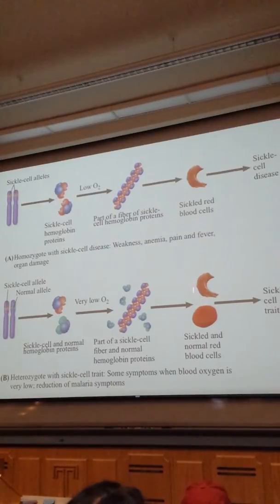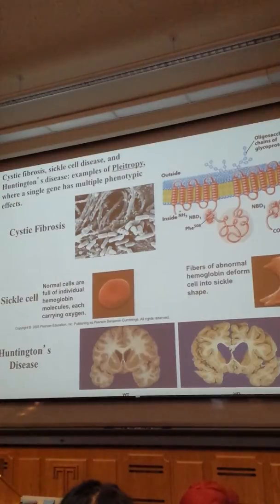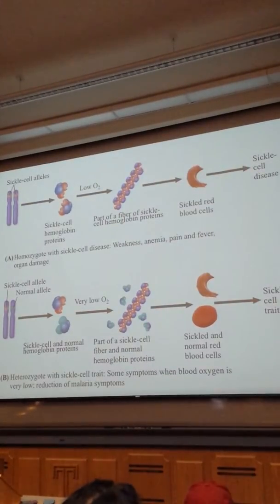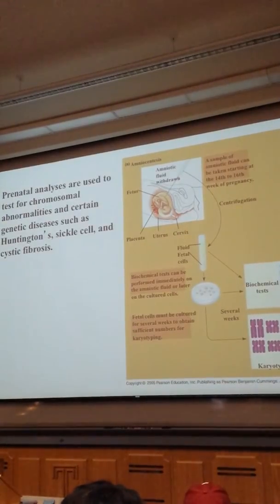And so these individuals are affected. They're definitely affected by the abnormal allele, but they won't show sickle cell disease like you would if you had both abnormal alleles. They won't show the disease phenotype. Okay? All right.